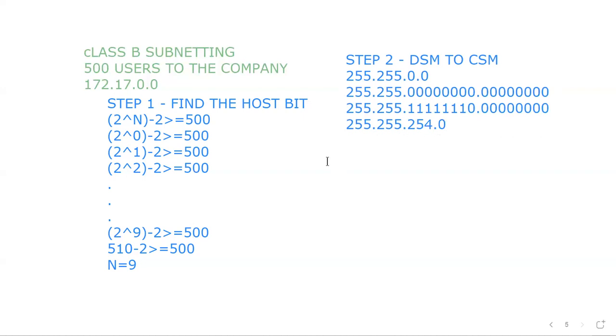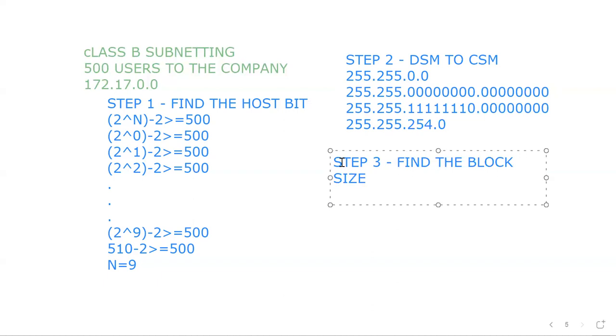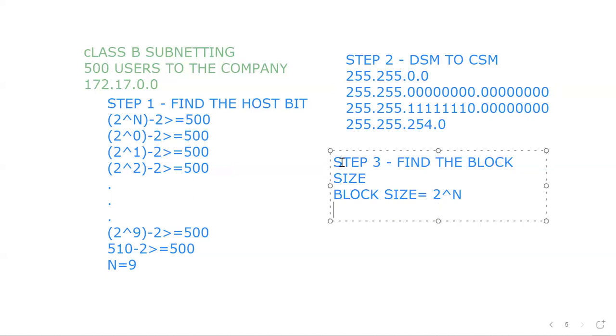Then what's our third step? Step 3, find the block size. Block size is equal to 2 to the power n. 2 to the power n, meaning 9, is equal to 512.